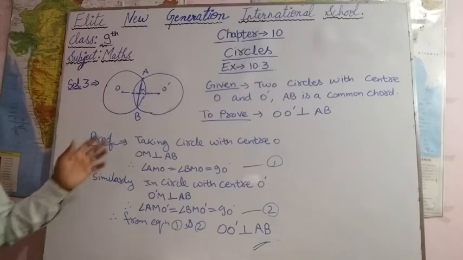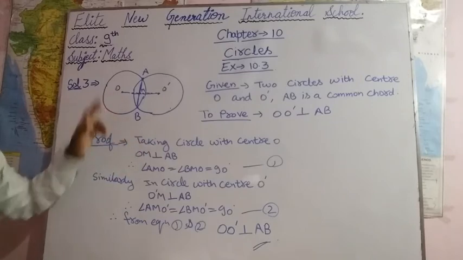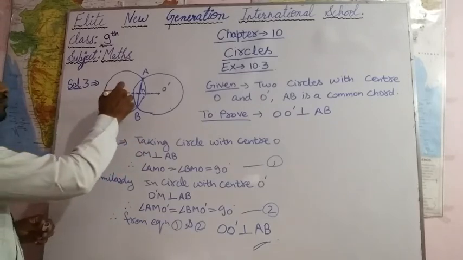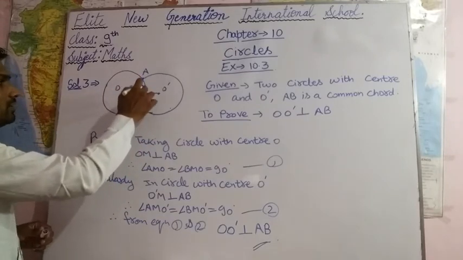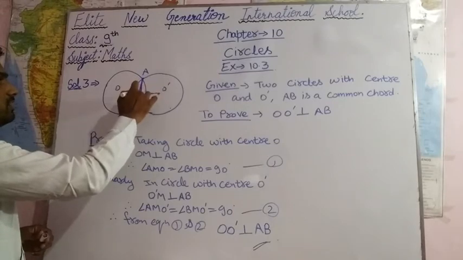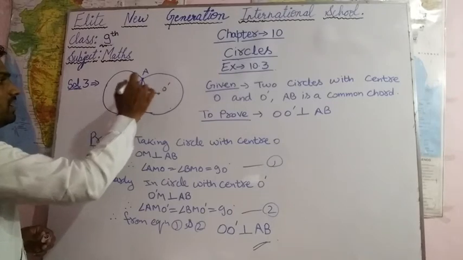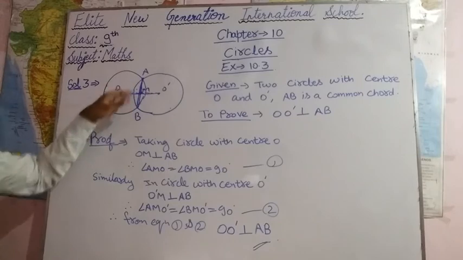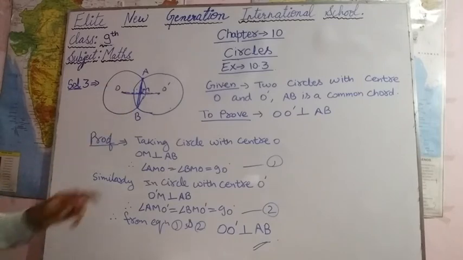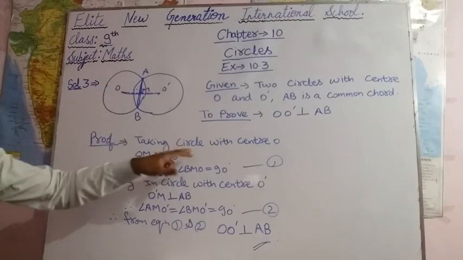In the proof, first of all taking the circle with center O, OM is perpendicular to AB, this is point M. This is by theorem.